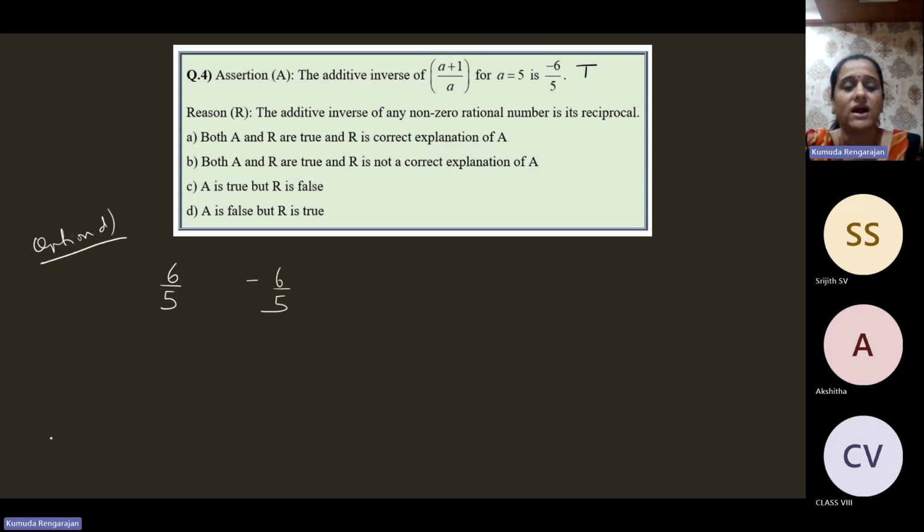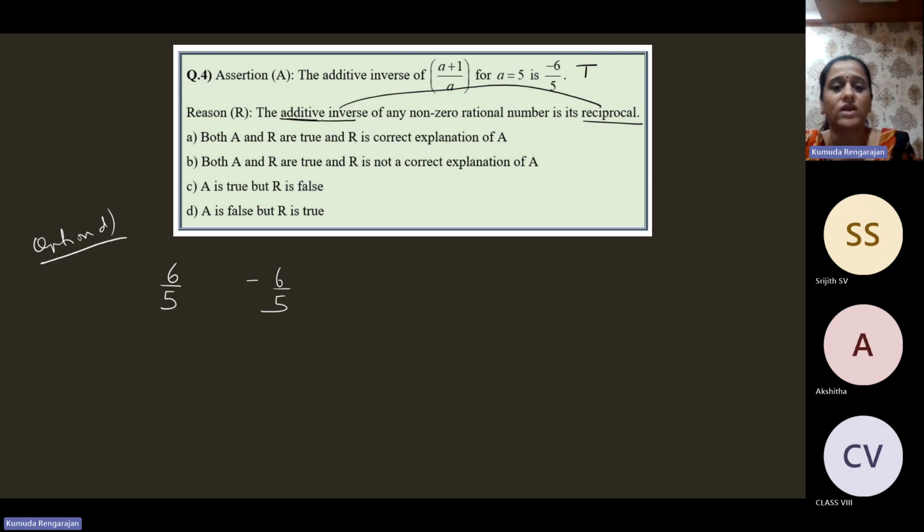The reason is: the additive inverse of any non-zero rational number is its reciprocal. Are the terms additive inverse and reciprocal synonymous? Do they mean the same? No, ma'am. What is a synonym?